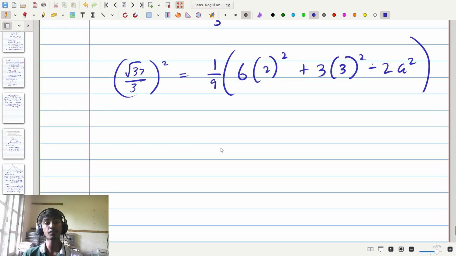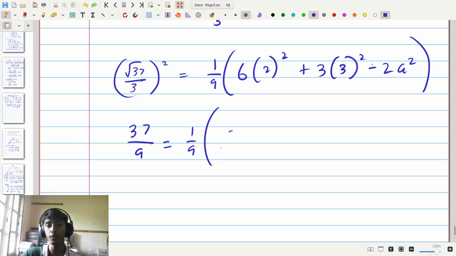Now if we simplify, we'll get 37 divided by 9 being equal to 1 over 9 times 6 times 4 or 24, plus 3 times 3 squared, which is 9, so 3 times 9 is 27, so plus 27 minus 2a squared.